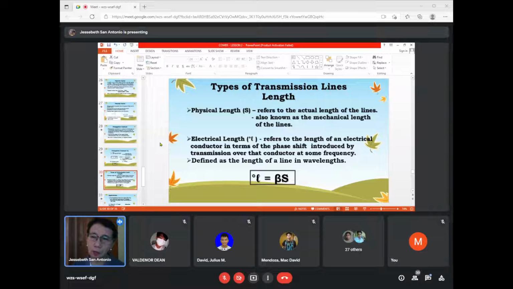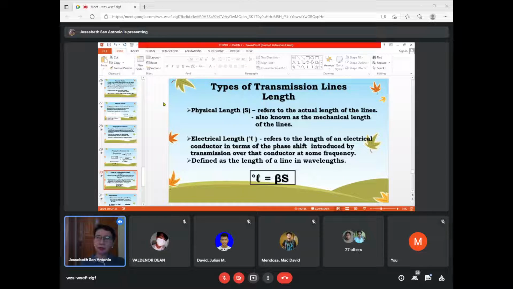So the two types of transmission line length are physical length, we shall use the letter symbol capital S. And electrical length, we shall use degrees L. Degrees is small l, no? So S and degrees L. What is physical length? Ano ba yung physical length? Eh, yan yung actual length ng line.